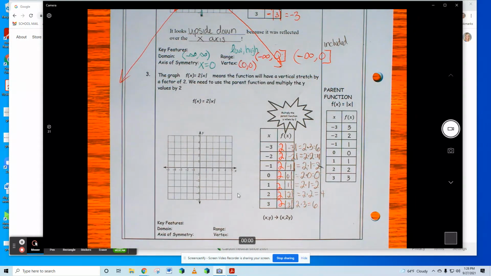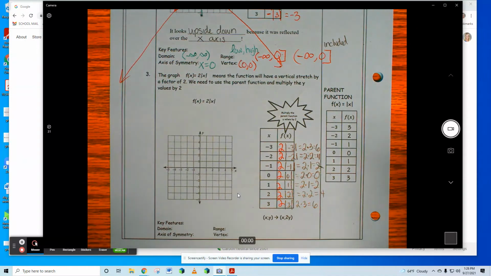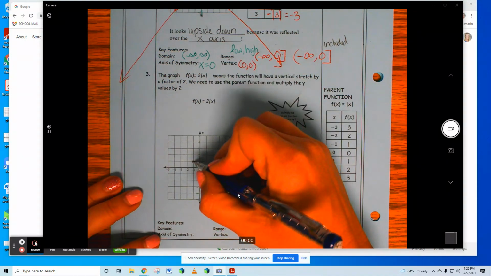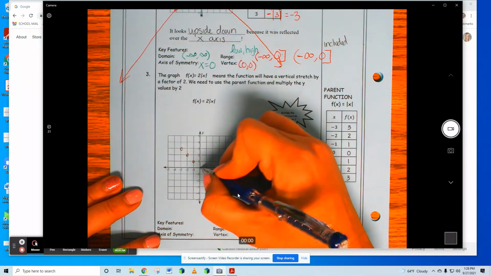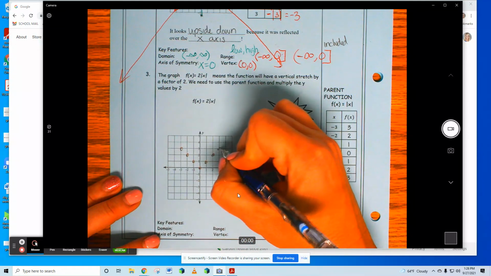2 times 1 is 2. 2 times 2 is 4. I want you to graph the parent function first. Good job. All right. Please graph the parent function first. I'll do it in pencil. Parent function. This is my basic, boring 1, 1, 2, 2, 3, 3.